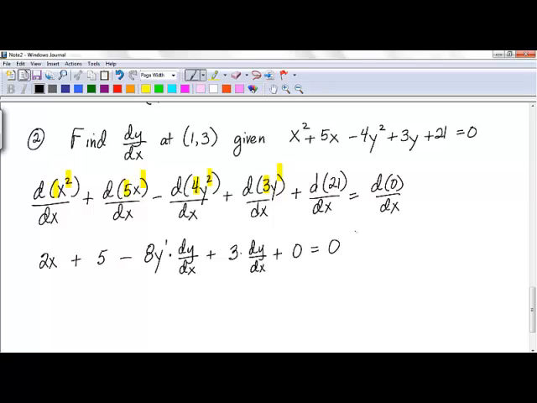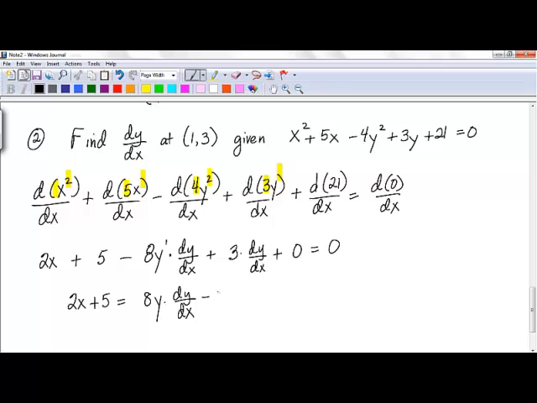Now you get every term that has a dy over dx in it on one side of the equal sign by itself. You may leave the negative 8y term on the left, or you can move everything over to the right. Doesn't matter. I guess I left the 2x plus 5. It will work either way. If I add, I would get 8y times the derivative of y with respect to x.